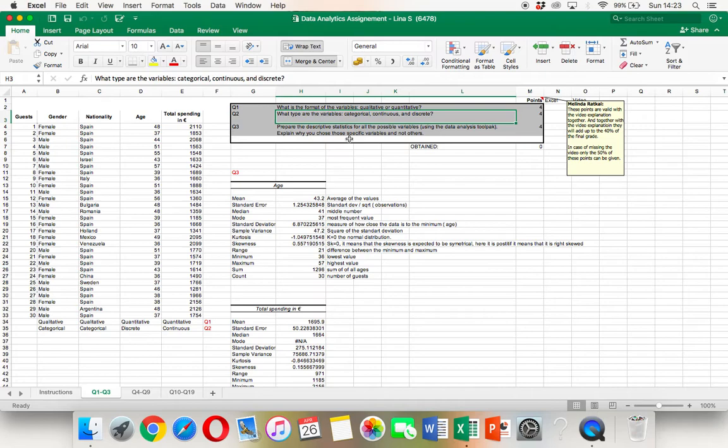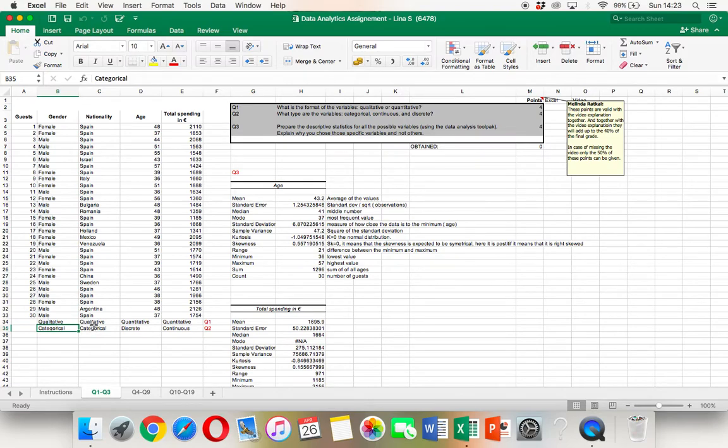Then we have also the categorical variables, which involve non-numerical groups or categories. So, for example, here gender is a categorical variable because it involves a non-numerical group or category. You can be either male or female.